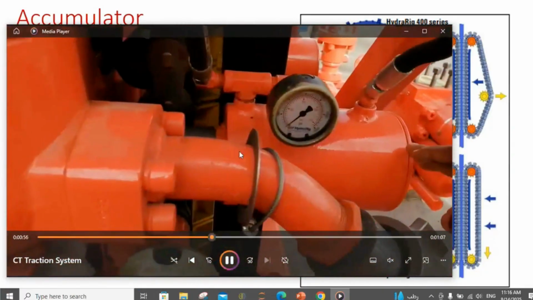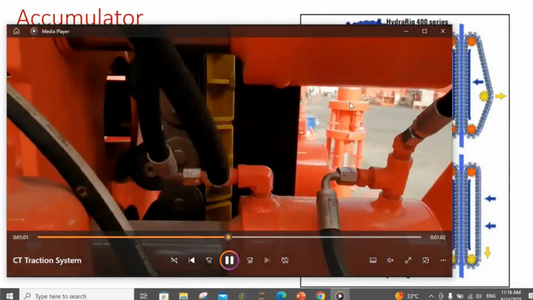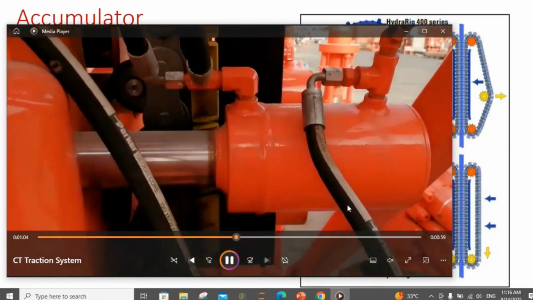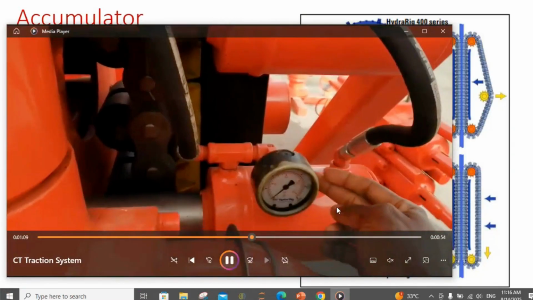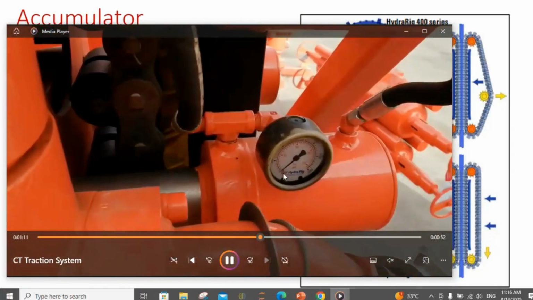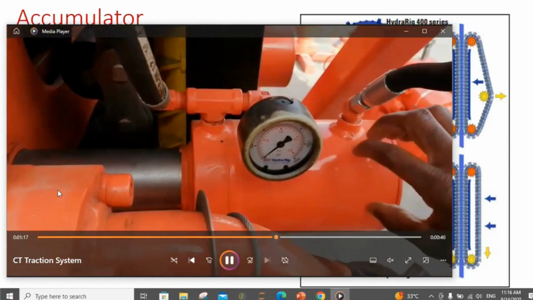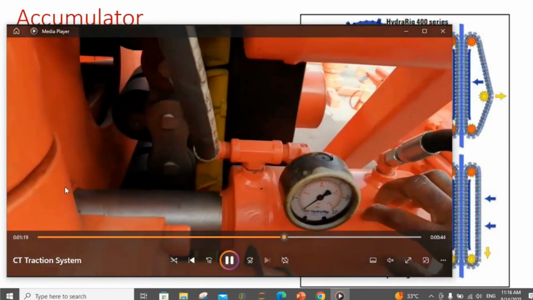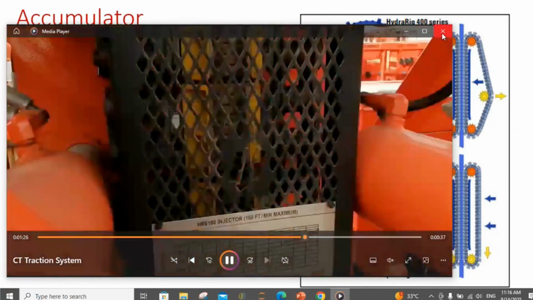These are the hydraulic pistons for the traction system, the upper, middle and lower pistons. These pistons exert the axial force to make the required gripping force on my pipe through the chains and the gripper blocks.